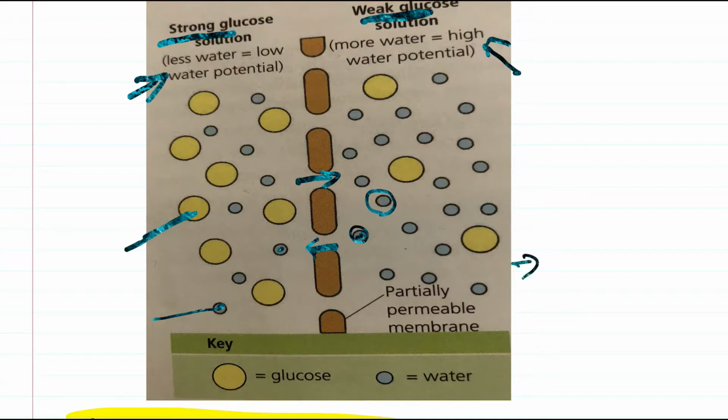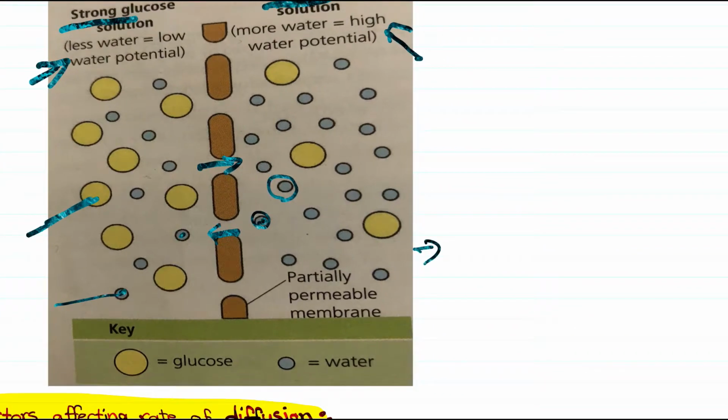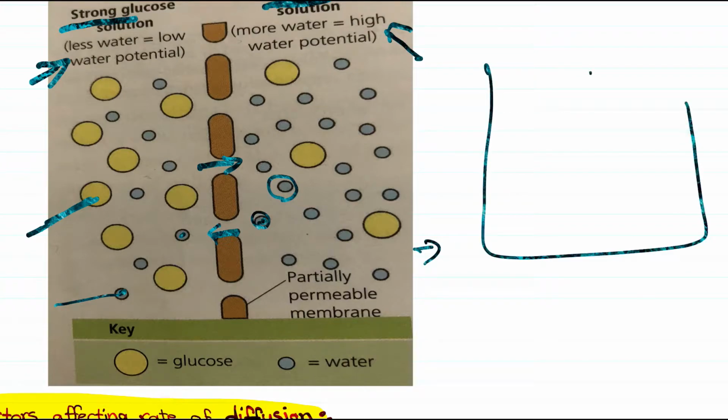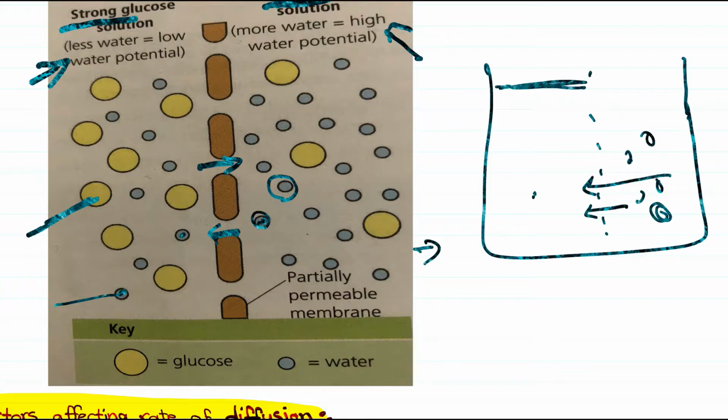At the beginning, both levels are equal. By the time, the water molecules will move from this side to this side, so the level of the solution increases here and decreases here, because it moves from right to left.